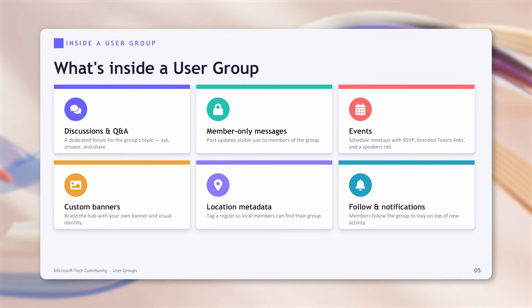Let's take a look at what's available inside of a typical user group. User groups, again, provide this dedicated space for discussions and question and answers where members can share knowledge and support one another inside of a closed space. Organizers can publish member only messages to communicate directly within your community and manage events so that you can share and schedule meetups and track RSVPs into your user group events.